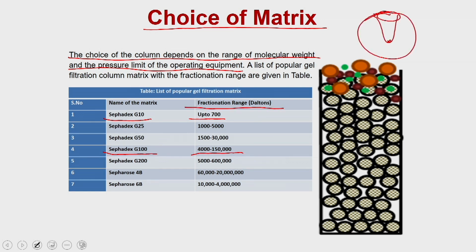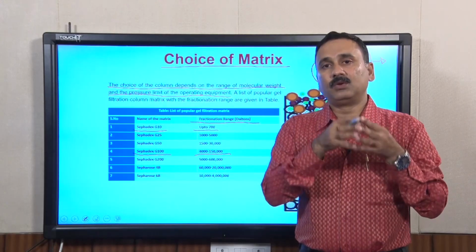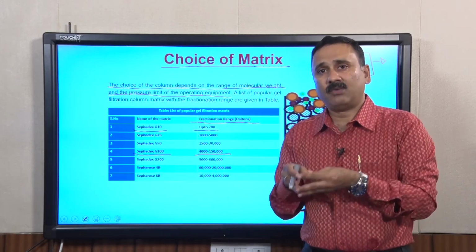The fractionation range means the largest size this column can resolve and the smallest molecule it can resolve. Within this fractionation range the column is going to have better resolution and fractionate the different molecules.